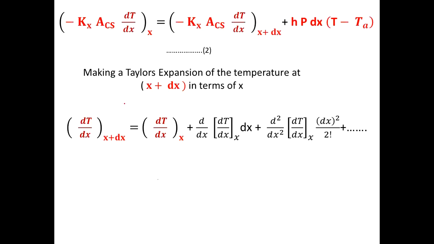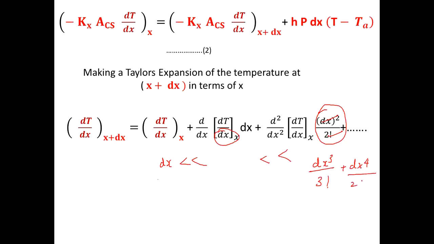Here what happens, see already the dx term is very small, and with the differentiation in the denominator, the value will not be counted. Also the dx square by 2 factorial term will become very small, and then again dx cube divided by 3 factorial plus dx power 4 divided by 4 factorial.